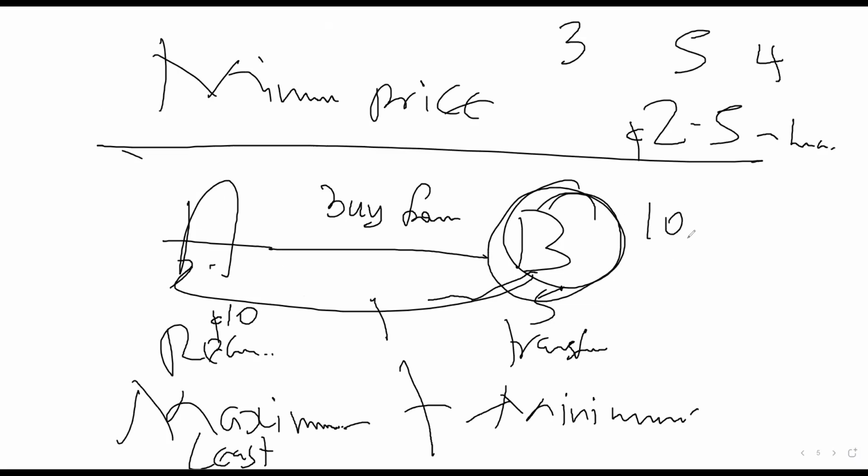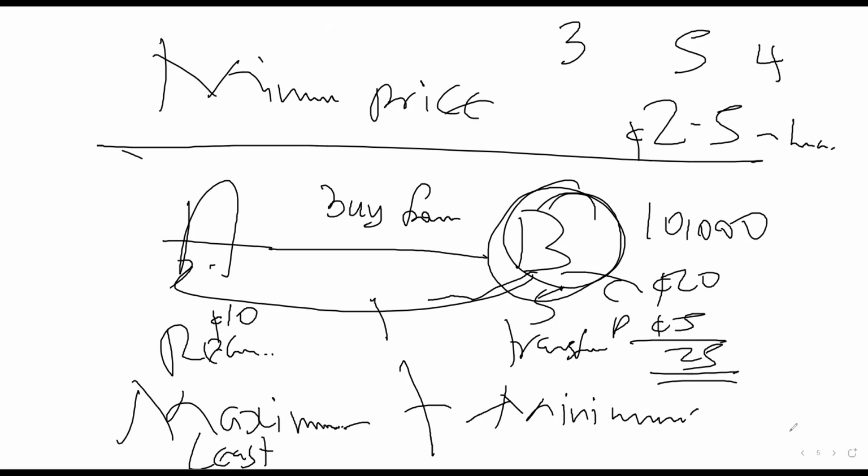It has produced 10,000 units. The variable cost is, let's say, 20 cedis. This is the cost. Profit is 5 cedis. So 25 cedis.